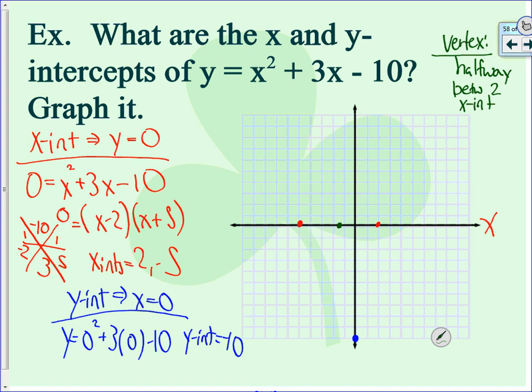Okay? Negative 1 and 1/2 is halfway in between your 3.5 and then 3.5. So the vertex is going to be lower, but that x value is at x equals negative 1.5.